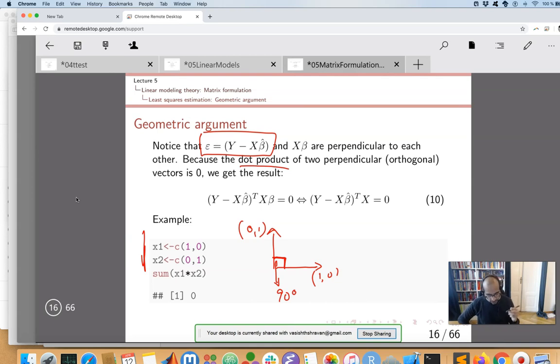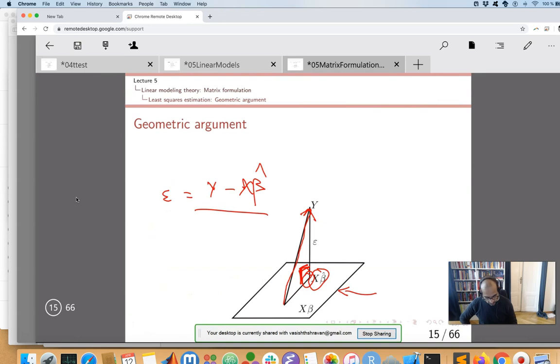So since that is true, I can multiply x beta with y minus x beta hat. For technical reasons, I'm going to have to take the transpose of epsilon. This is epsilon, which I said is written as y minus x beta hat.